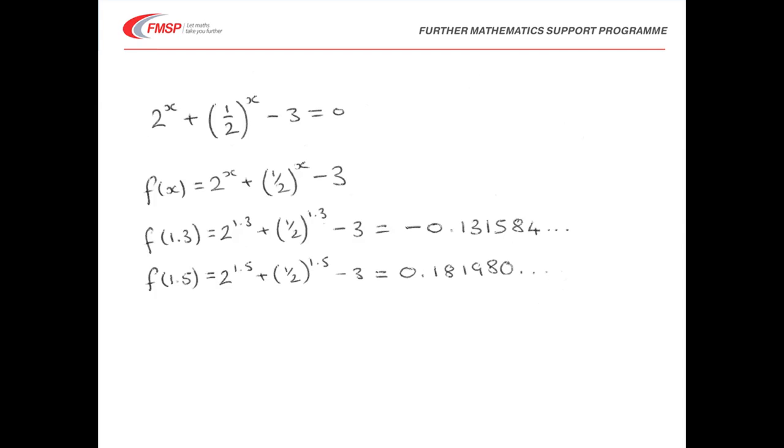And I've written these to 6 decimal places because on the mark scheme pretty much every answer, unless it's otherwise stated, will be written to 6 decimal places for the person that's marking it. Now what we have there is a sign change, so in the region from 1.3 to 1.5 there must be some sort of root because that function is continuous in that particular area.